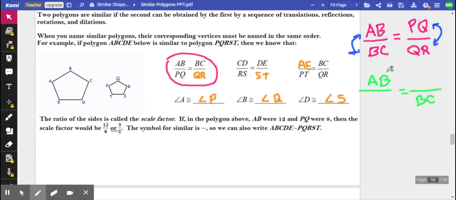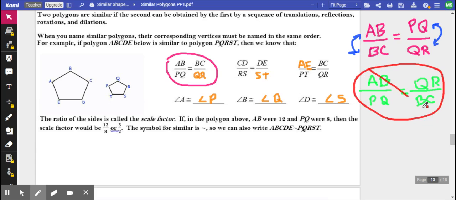So if I knew that AB and PQ still match each other, so I could put that there, that would mean QR is over here. If you have things diagonal like this, you're not going to get correct answers. So it's important to remember for everyone not to have things that are related to each other from the same shape diagonal from each other in a proportion.